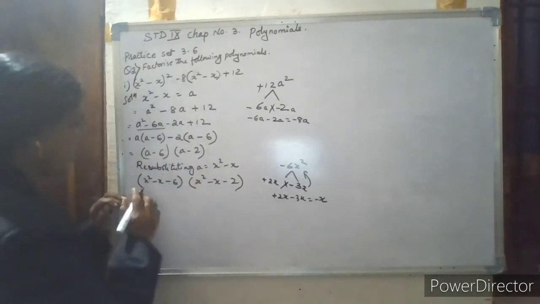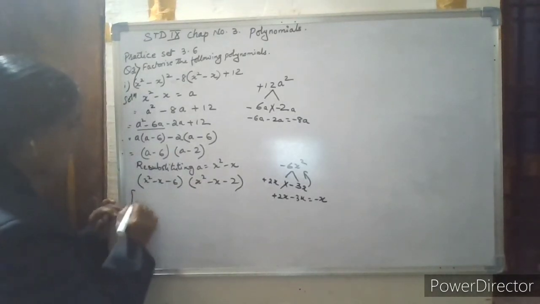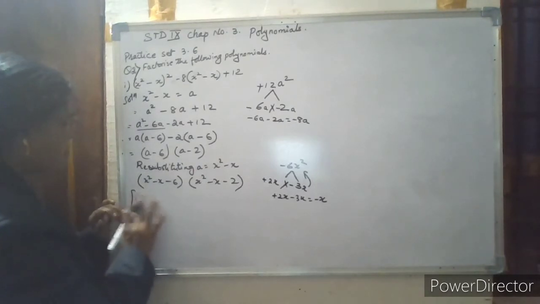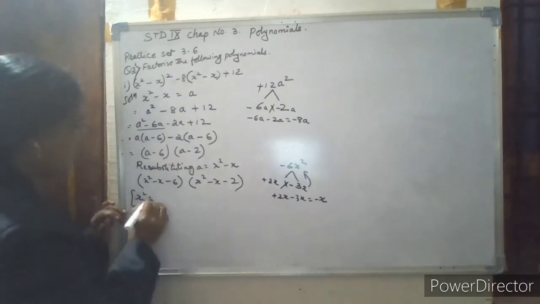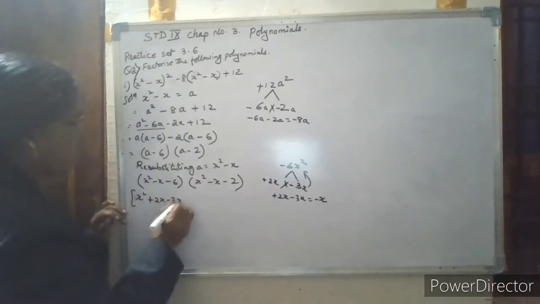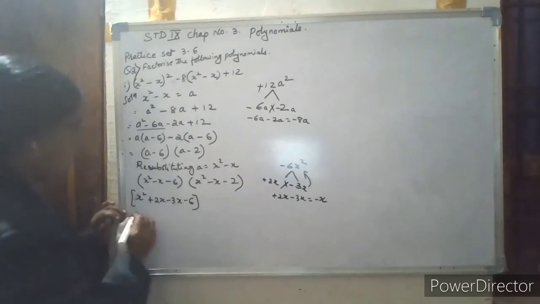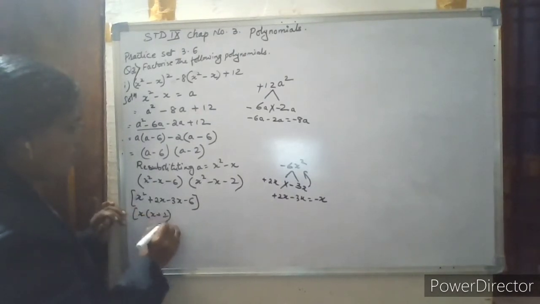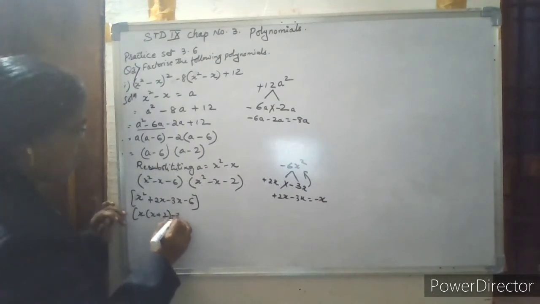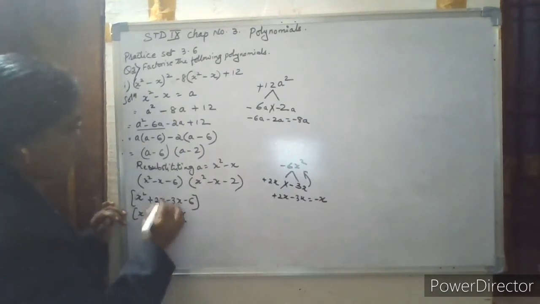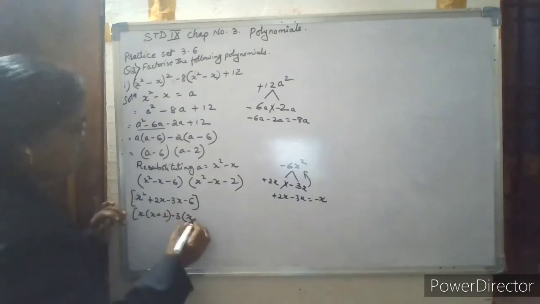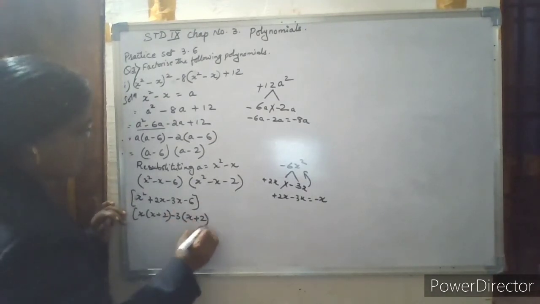Therefore this quadratic polynomial can be factorized again. It will be split as x squared plus 2x minus 3x minus 6. These two terms have x as common: x into (x plus 2), and here minus 3 comes out as common: minus into minus is plus x, and minus 3 into 2 is minus 6.